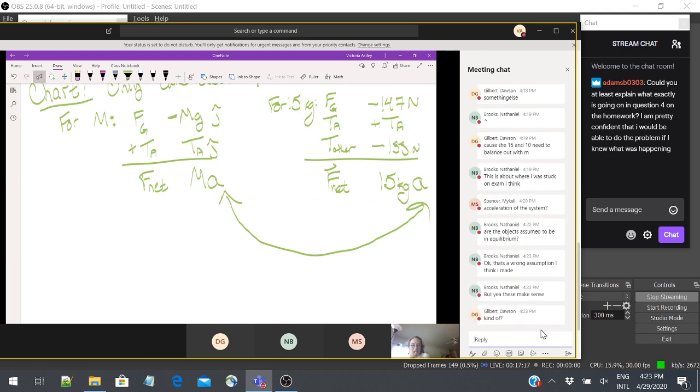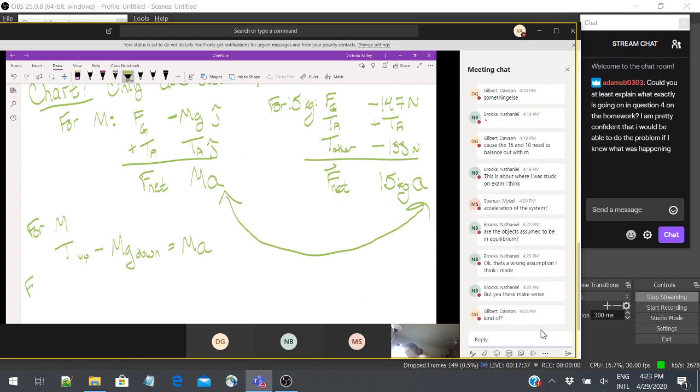Okay, kind of. Okay. So Dawson, does it make sense to think about it as for M, we have T upward minus mg downward equals its mass times its acceleration.